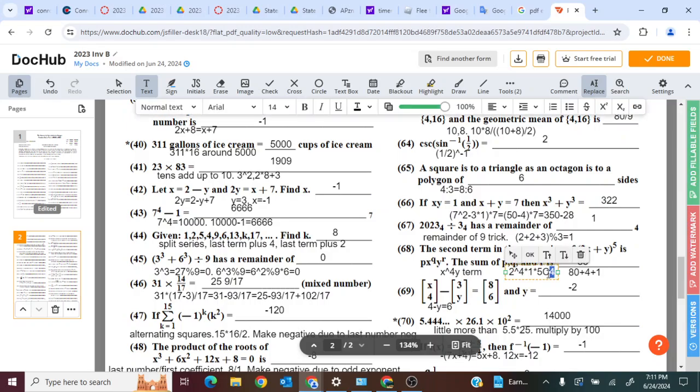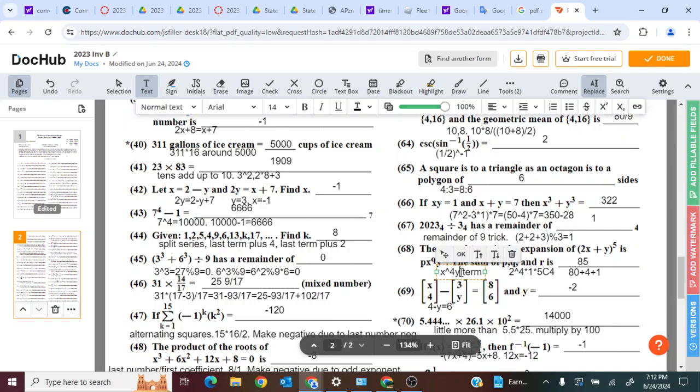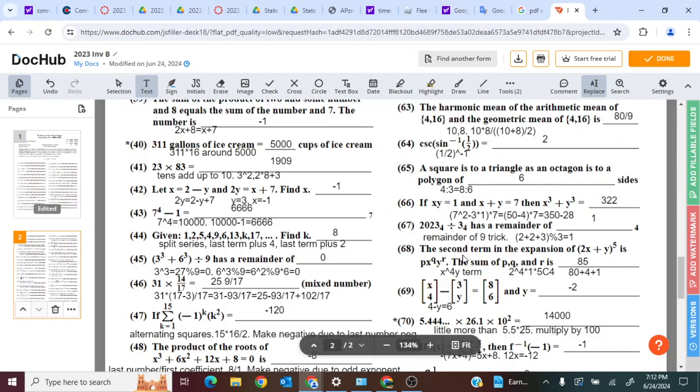And then you multiply it by 5 choose 4, because it's the x to the power of 4 term, so 5 choose 4 is 5. Then if you do that, you get 16 times 5 to get you 80, and then these two are going to add up to 5 because that's just how it works with this exponent. It's the x to the 4 y term anyway, if you don't want to understand that, I guess. 80 plus 4 plus 1 is 85.